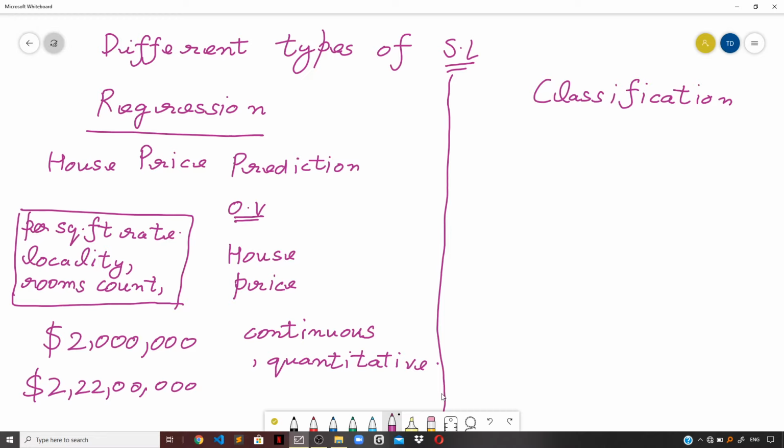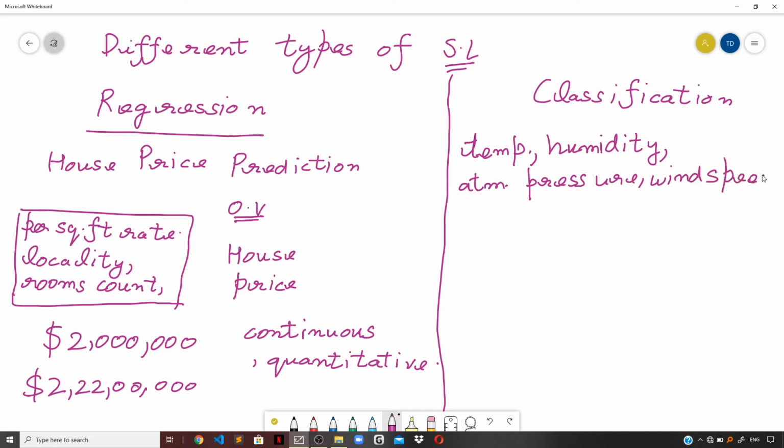For that problem, we took various input variables like temperature, then humidity, then atmospheric pressure, then wind speed. These were our input variables to predict for a particular day whether it would be sunny or rainy. So that was a classification problem.